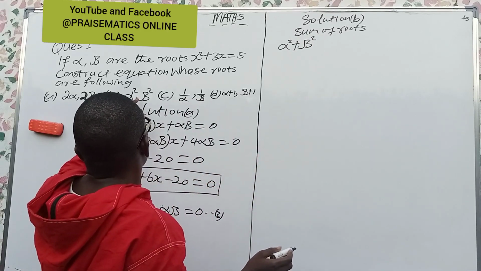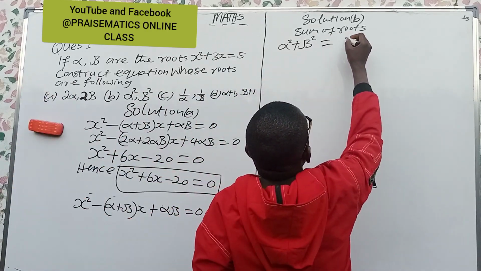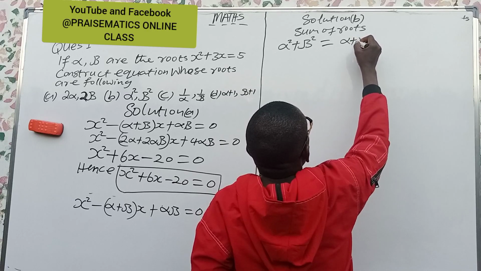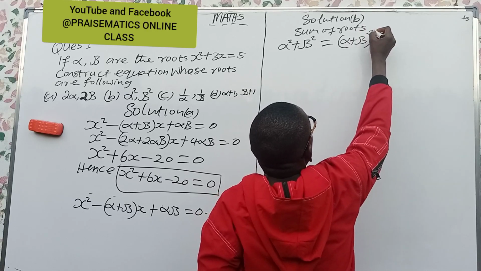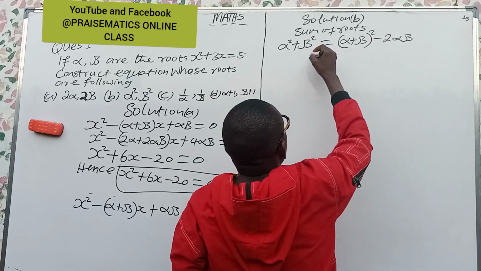Always remember the identity: alpha square plus beta square is alpha plus beta all square minus 2 alpha beta.